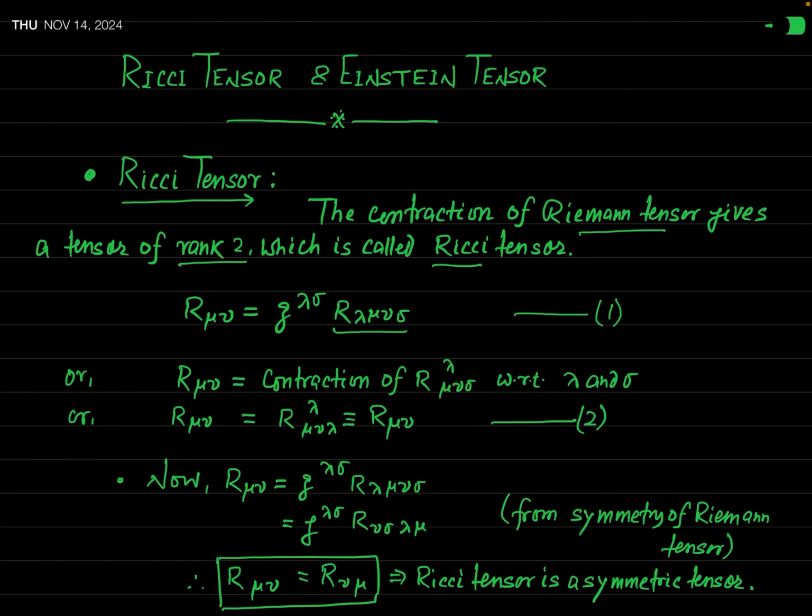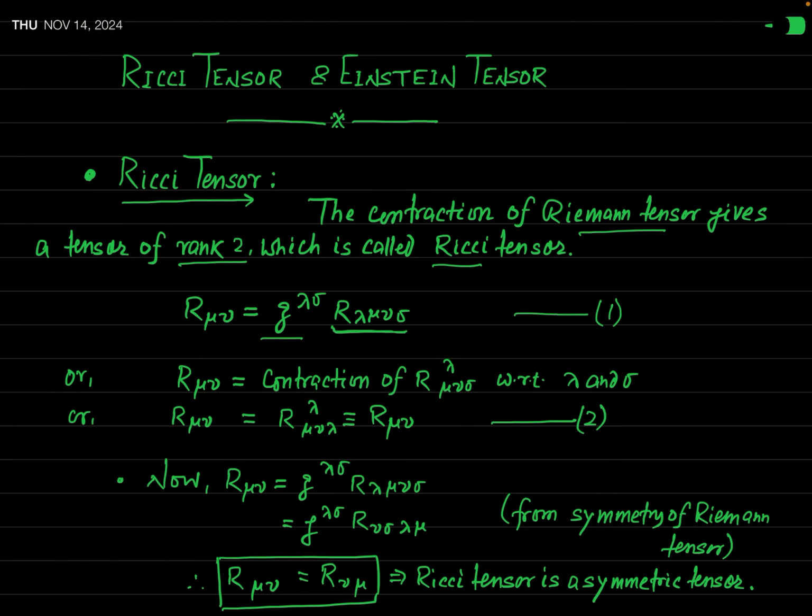And if you take the inner product of this Riemann tensor R with the fundamental tensor g superscript lambda sigma, you know when we take the inner product, what will be the result. While taking the inner product with this fundamental tensor, it means you are going to contract this tensor R with respect to the indices lambda and sigma.